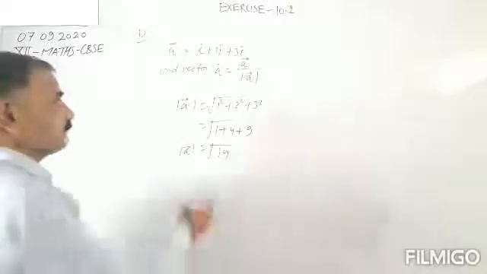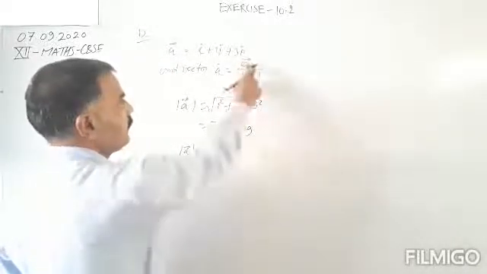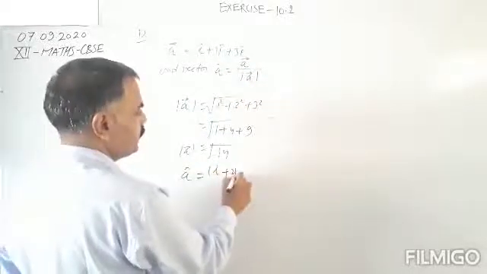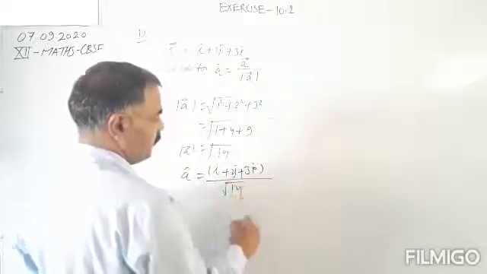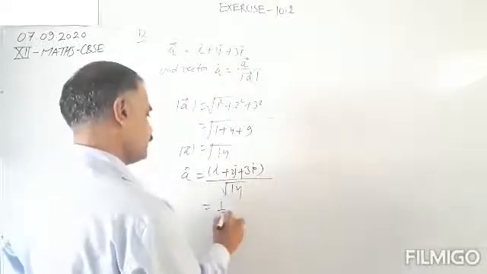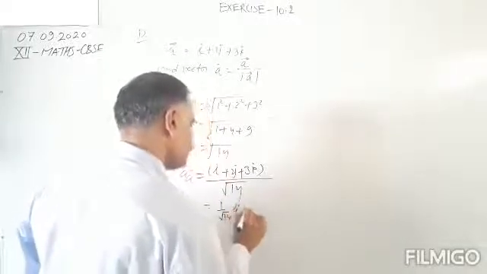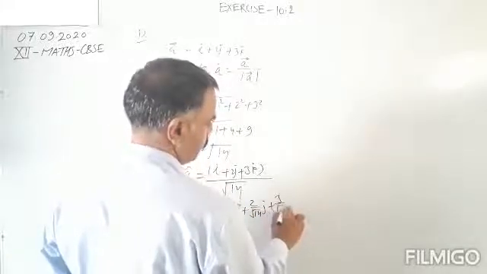Now the unit vector a cap is equal to a vector divided by magnitude of a, that is i cap plus 2j cap plus 3k cap divided by under root 14, which equals 1 upon under root 14 i cap plus 2 upon under root 14 j cap plus 3 upon under root 14 k cap.